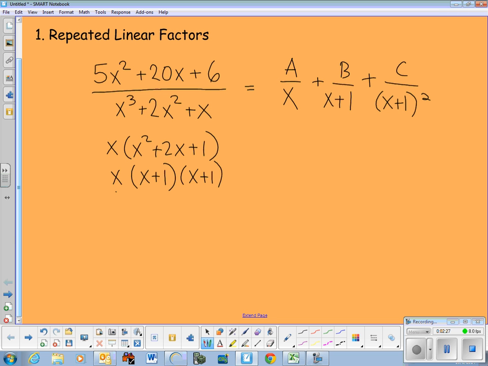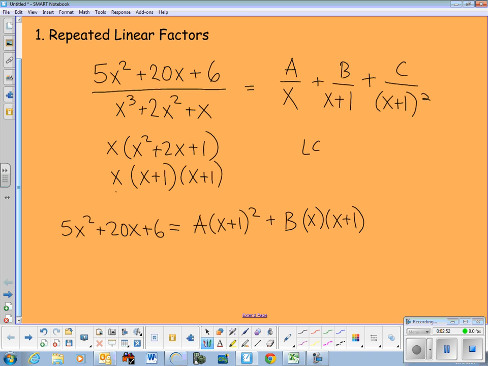So what we do is set the numerator equal to A times (x plus 1) squared. It has the x, but it needs two x plus 1 factors. B is lacking an x, and it needs an x plus 1 factor as well. I should have specifically said this.